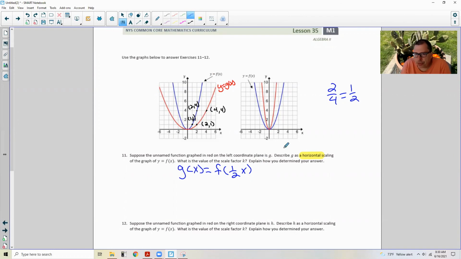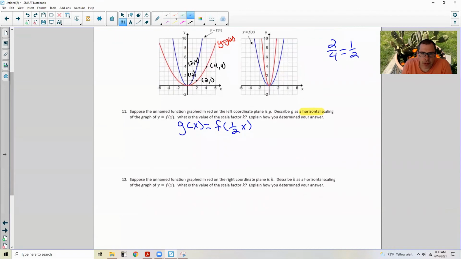All right, so next one, do the same thing on the other. So now it says, suppose the unnamed function graphed in red on the right is h of x. So this is h of x. Again, be careful, we're doing horizontal scaling. And we're going to pick values now horizontally.